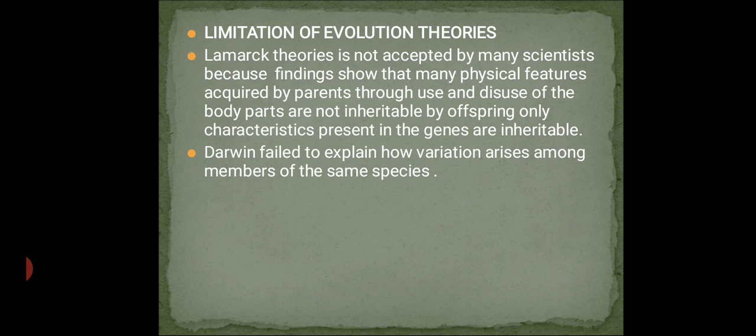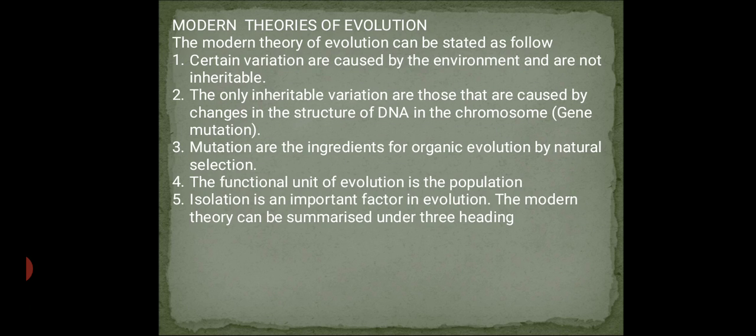But this statement has been disproved by another scientist called August Weismann, a German zoologist, by making use of two rats with cut tails for his experiment. The second limitation is inability of Darwin to explain how variation exists among members of the same species.